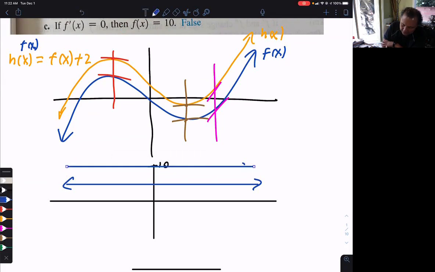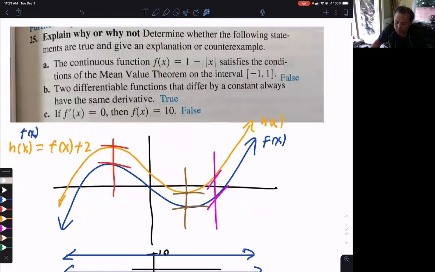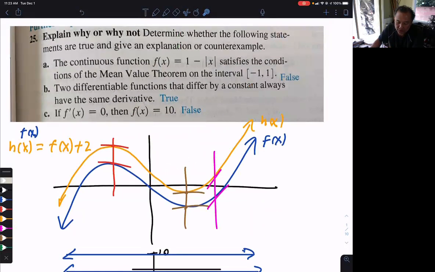Any horizontal line will work. It doesn't have to be that one. The derivative of a constant is always 0, you know that. So it could be true, but it doesn't have to be true. And this is asking which one of these must be true.